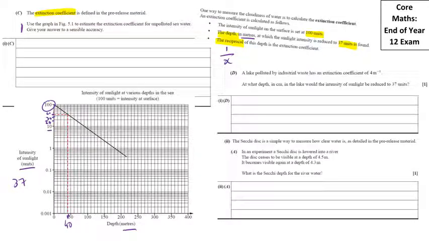Now, we've then got to find the reciprocal of this. So it's 1 over 40, and the units are meters to the -1. We can leave it like this, or we could work it out as a decimal. Either is absolutely fine for that.